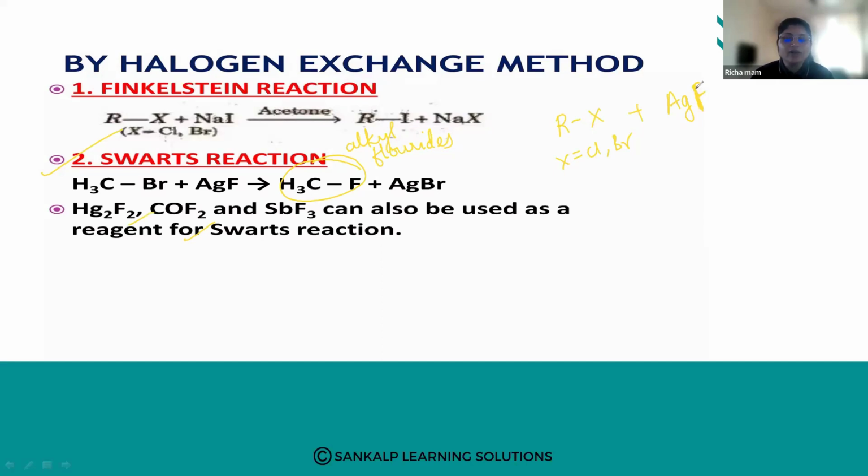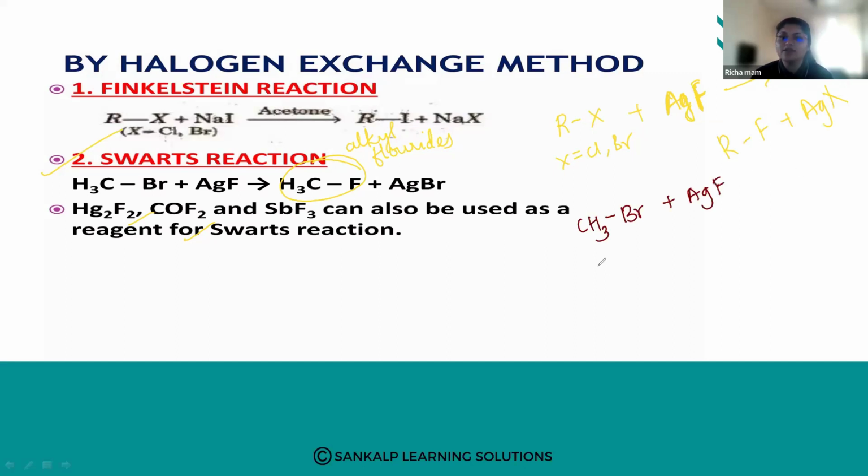Here we have taken silver fluoride, AgF. So what will you obtain? You will get RF plus AgX. So this is the Swarts reaction. Let me take an example: CH3Br, methyl bromide, plus AgF.